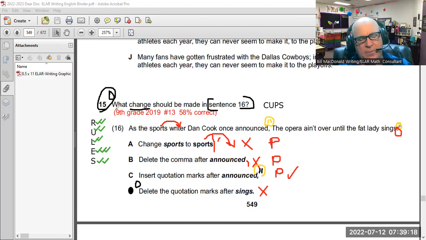I'm going to go ahead and separate the 10th grade. What you're going to notice on the 10th grade is it's got question number 3, and I'll show it to you real quick. Rule number 3 will be the first one that you'll see.